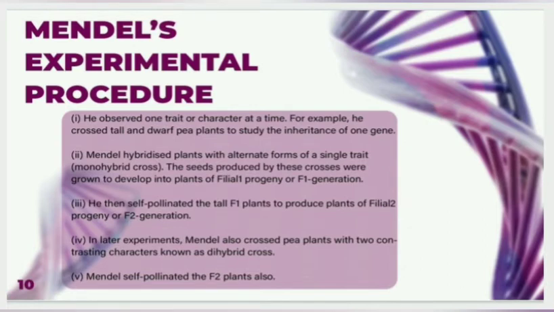Third, he then self-pollinated the tall F1 plant to produce plants of filial 2 progeny, or F2 generation. Fourth, in later experiments, Mendel also crossed pea plants with two contrasting characters, known as dihybrid cross. Fifth, Mendel self-pollinated the F2 plant also.